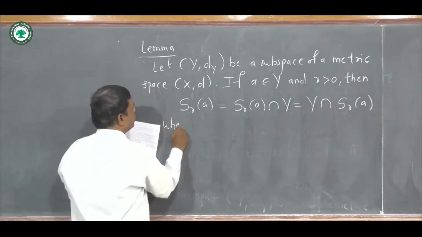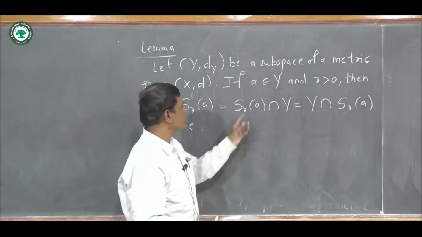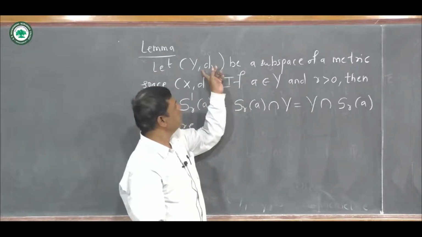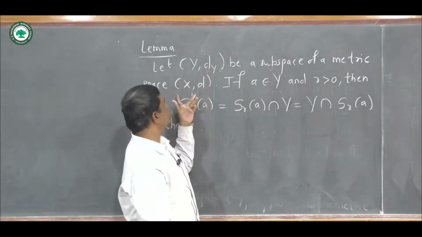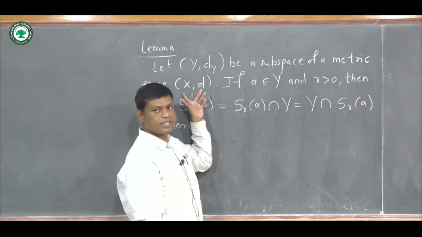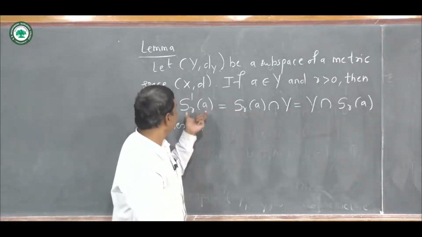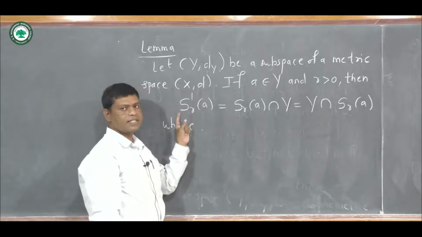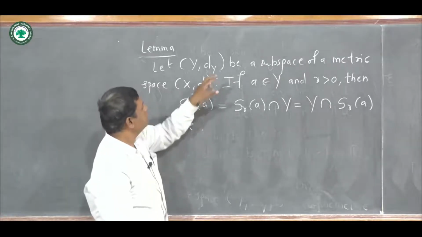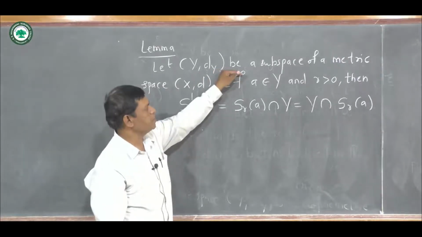Now remember, this open sphere S(r, A) is the open sphere in the original metric space, that is in the metric space (X, d), and this open sphere S'(r, A) is the open sphere in the subspace.